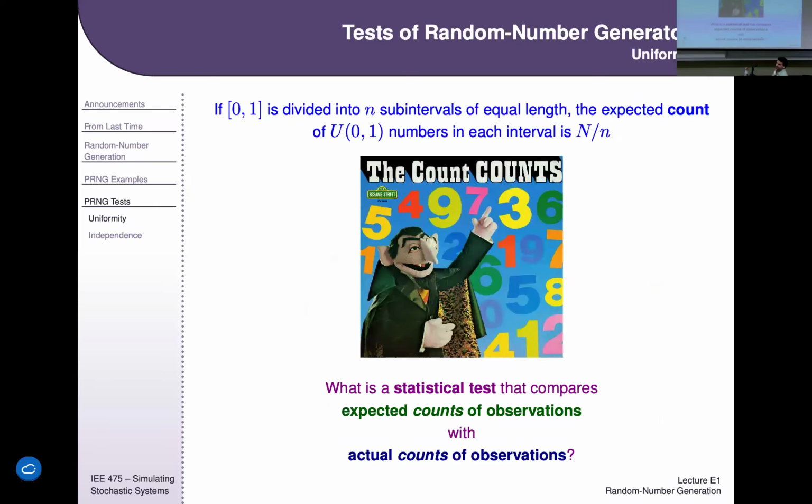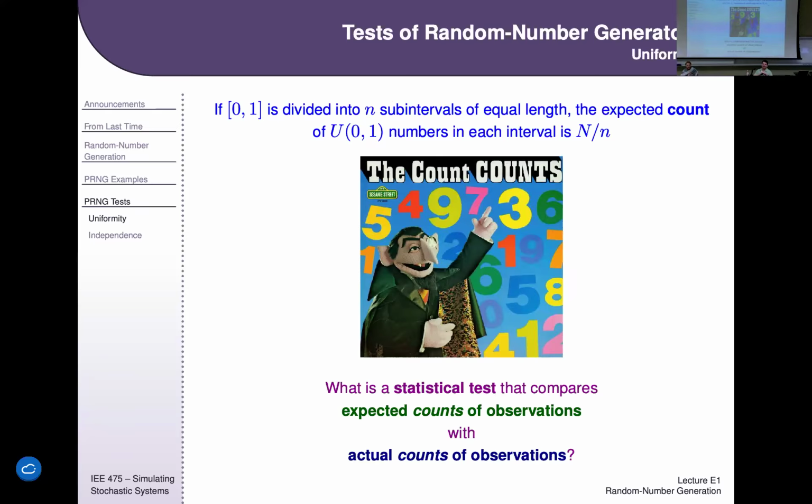Well, I mentioned at the top that the key prediction of the uniformity hypothesis is that if the interval is divided into a finite number of subintervals of equal length, like faces of a die, then the expected count in each subinterval should be equal, the number of draws divided by the number of subintervals.